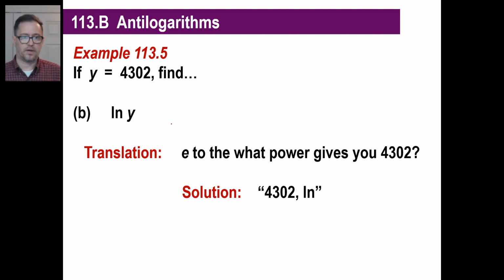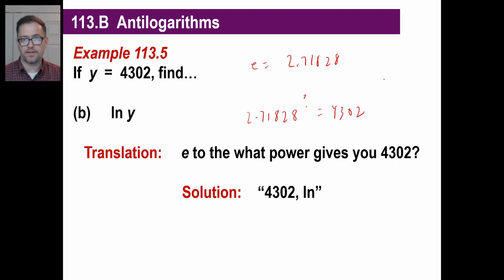We have the natural log here of y, and let's find the natural log of y. So in other words, e, remember, e is equal to about 2.71828, and so on. e to the what power gives you 4,302? In other words, 2.71828 to the what power gives you 4,302.